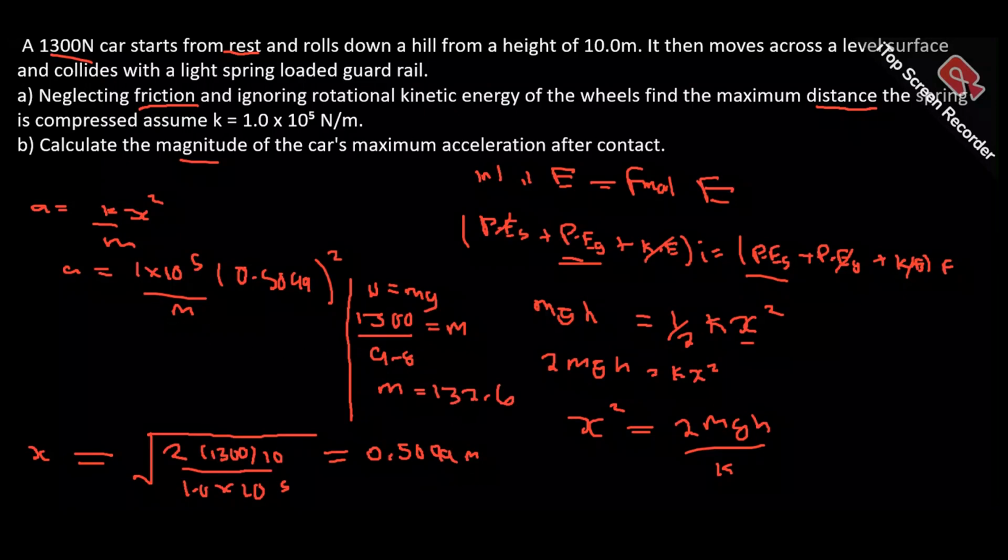Where we're seeing mass, we substitute 132.6. And finally, you're going to get the acceleration. So you can do that. This is very simple.